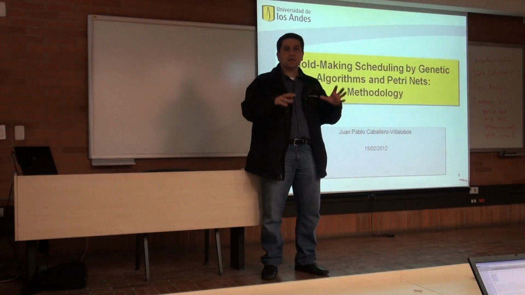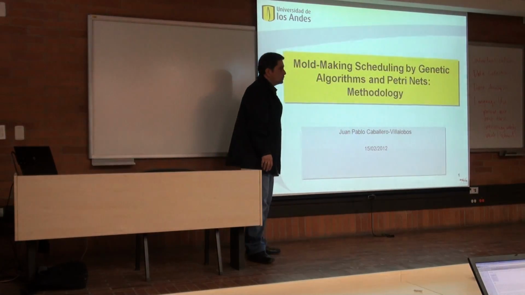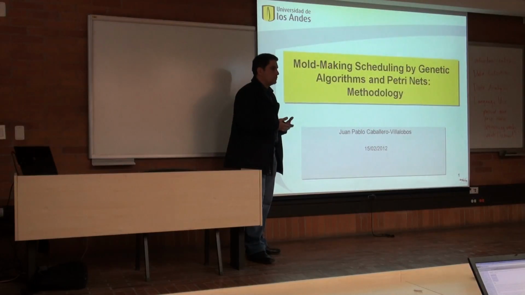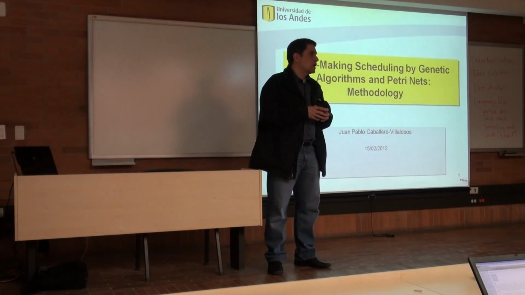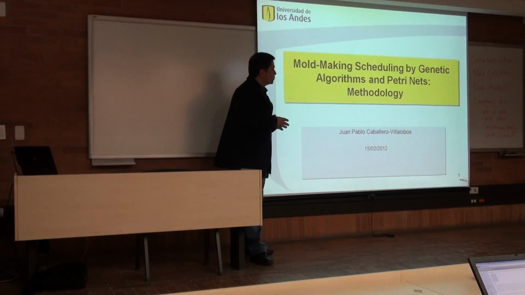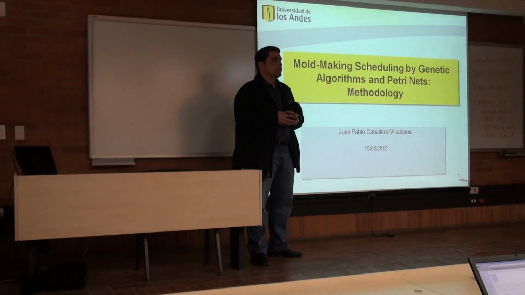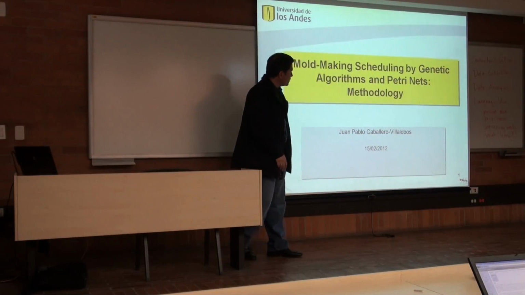The main idea of the investigation is to exploit the mix of Petri Nets as a tool for modeling industrial systems and optimization methods to improve the metrics of interest for us.